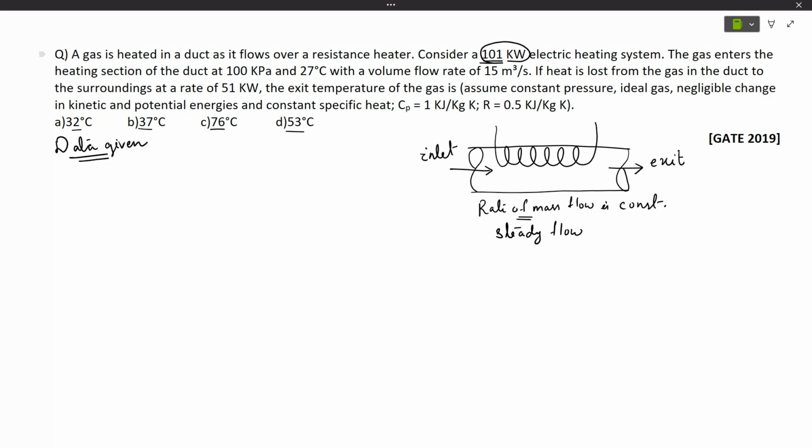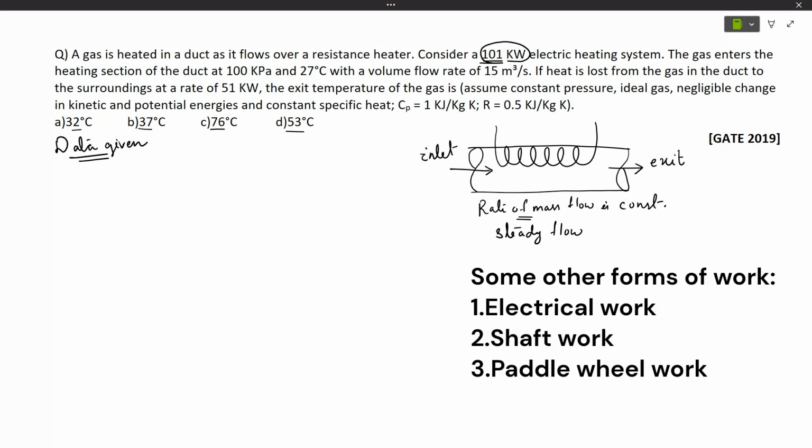If you refer to the chapter Heat and Work Transfer of any standard thermodynamics book, you will find some typical work forms other than PdV work, like electrical work, shaft work, paddle wheel work. So this 101 kilowatt here seems to be electrical work.